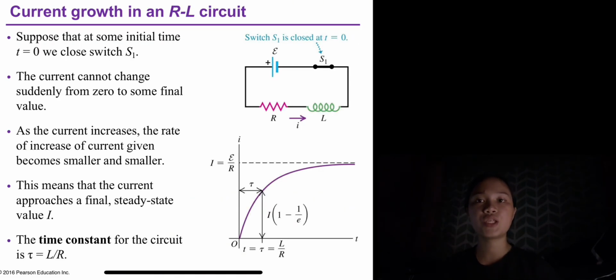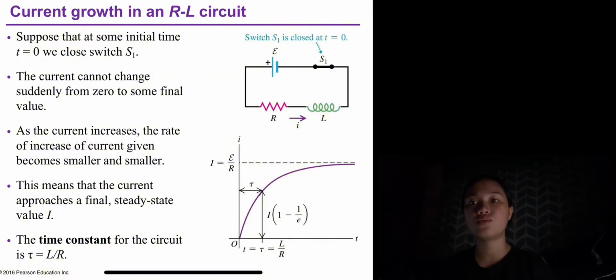Now, when the switch in an RL circuit is first closed, the current does not immediately reach its maximum value. Instead, it starts at zero and increases gradually. At the beginning, the inductor produces a strong opposing EMF.